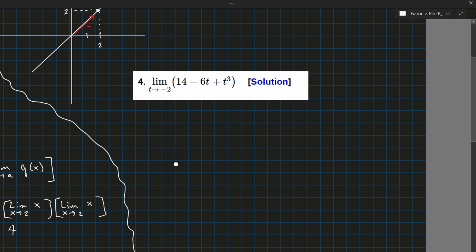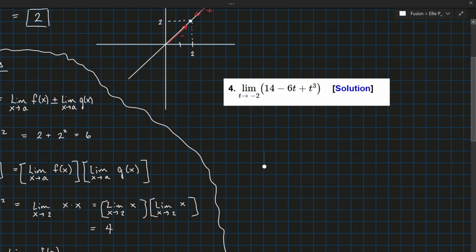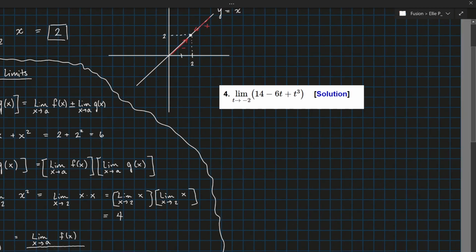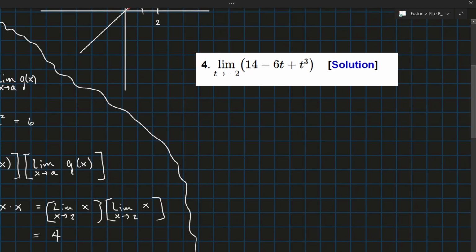I'll walk you through one and then you do the next one. First, we split this up into three different functions using the addition property, the first one.